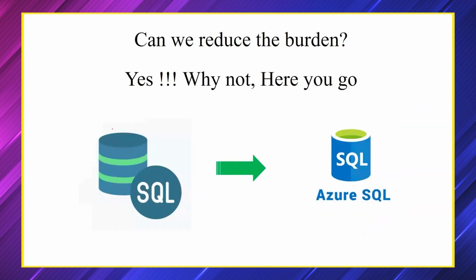Now, rather than storing my data on-prem, which is installed on my machine, I went with Azure SQL. Again, I'm going to make my work easier. Your on-prem comes with limited capacity, but I'm going to Azure. It's a cloud, right? A cloud has very huge systems which can make our work easier.